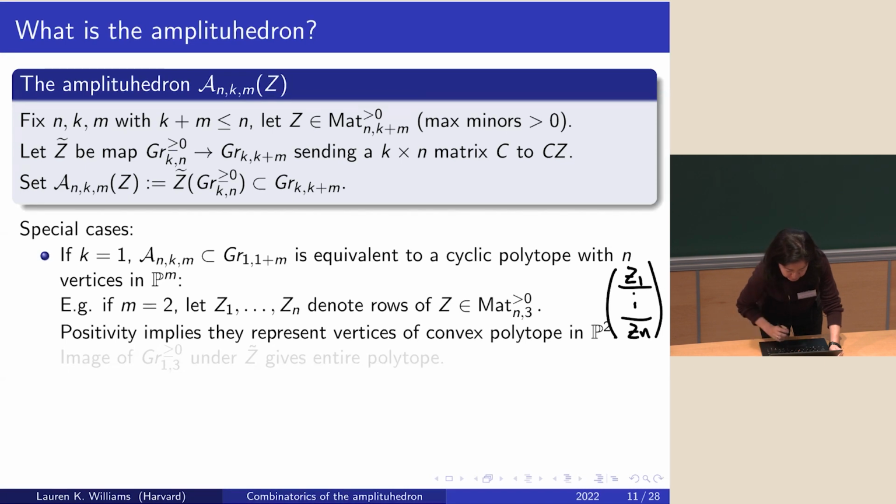The fact that its maximal minors are positive will imply, if you think about it, that if I draw each Zi in P2, then they're in kind of convex position. So if I draw them in P2, the Zi's will be ordered like a polytope.